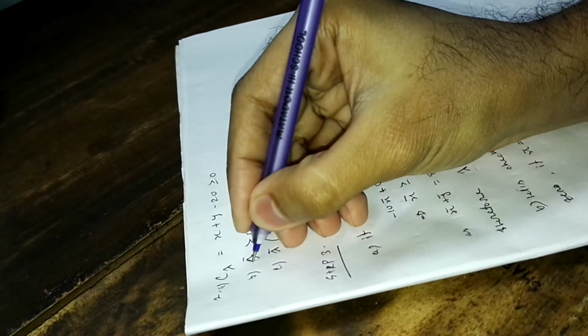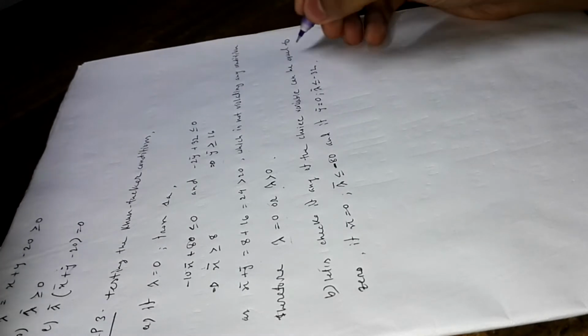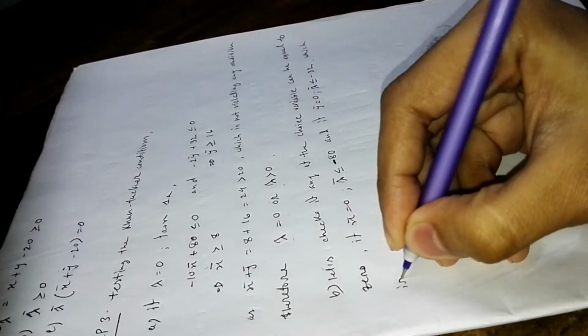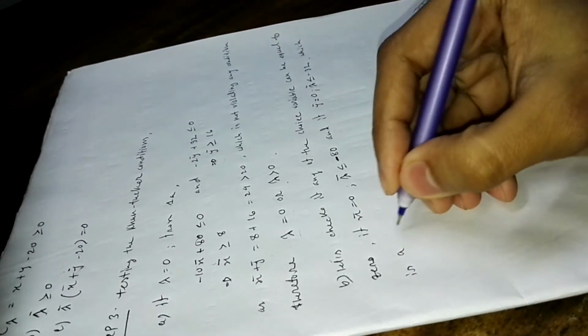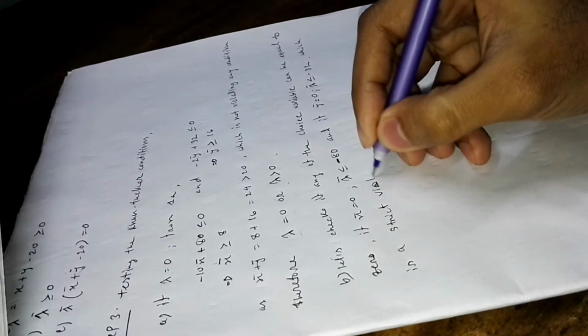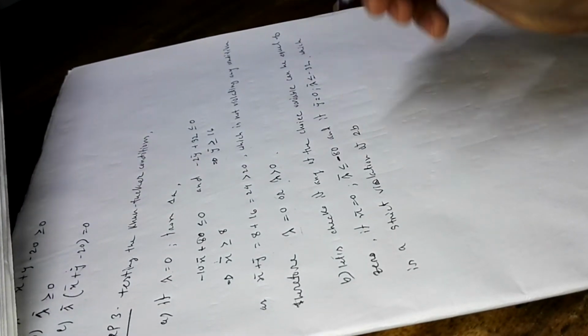The Kuhn-Tucker condition 2b. So just write it, which is a strict violation of 2b.